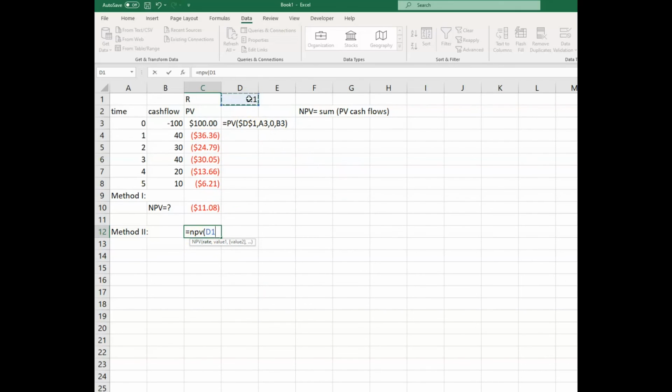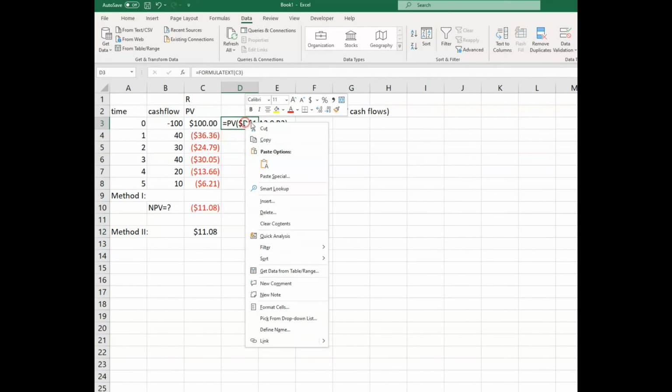So this is the rate, then we apply all the future values, then we add back the initial investment.